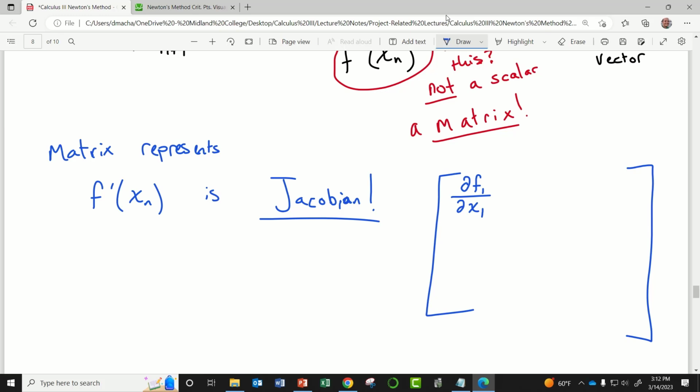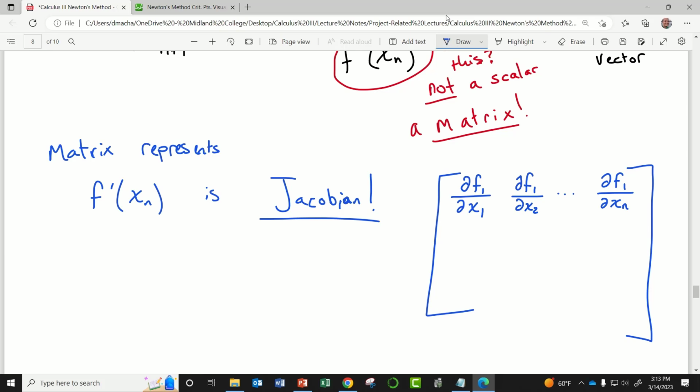The second entry in the first row is going to be the partial derivative of, again, that first entry in your output vector with respect to the second entry in your input vector. And however many entries you have in your input vector, so you have n entries, that's how many elements are going to be in the first row.